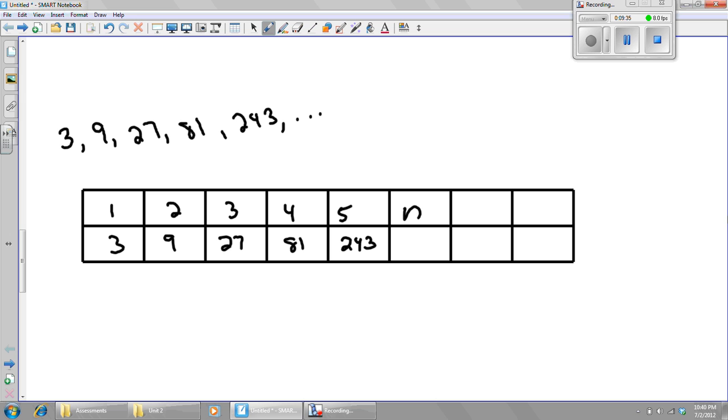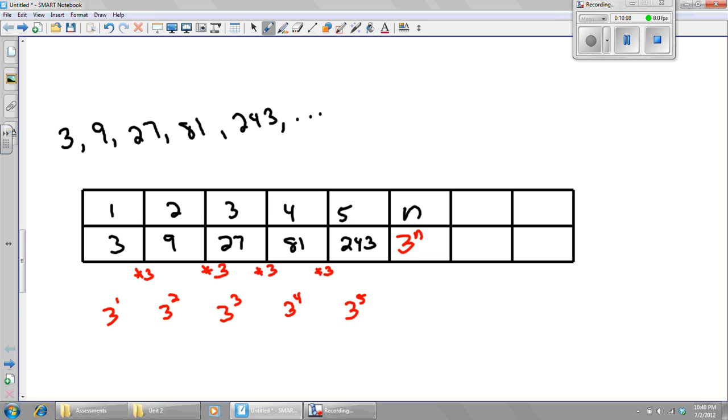If you're sharp with numbers, you might notice that it's times 3 every time. 27 times 3 is 81, 81 times 3 is 243. Or you could think of this as 3 to the first, 9 is 3 to the second, 27 is 3 to the third, 81 is 3 to the fourth, and then 3 to the fifth. Therefore, the nth term must be 3 to the power n, and that's your formula.